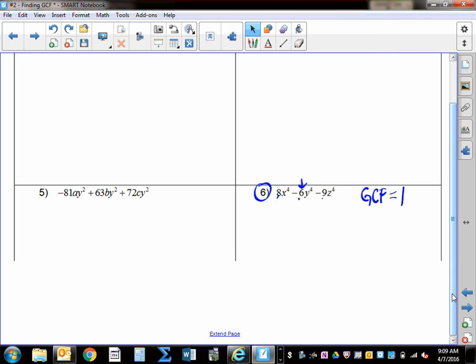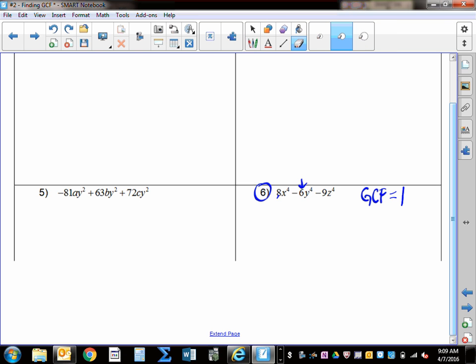Okay, so my common factor of the numbers is 1. Now, here comes the tricky part. Do they all have the same variable? No. So do they have any common variables? No. So can I take any variable out? No. I can't take out an x because these don't have x's.